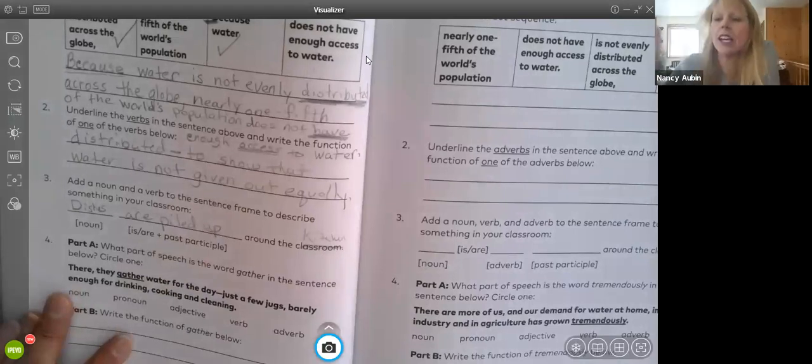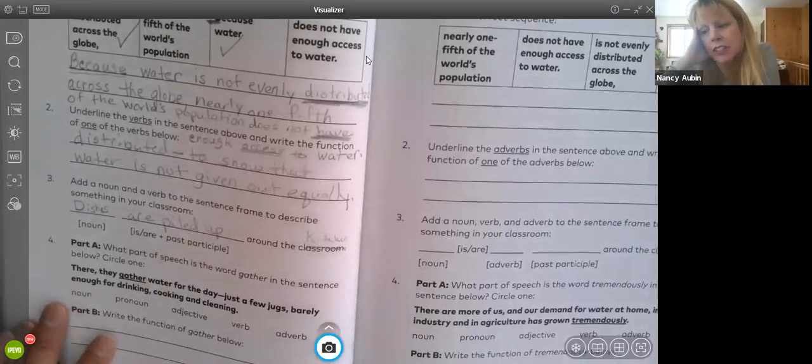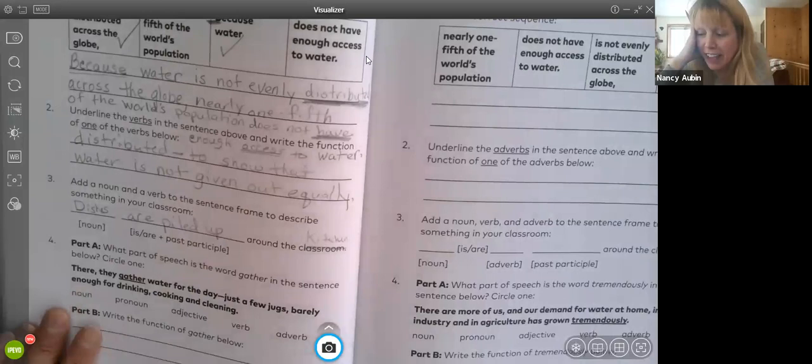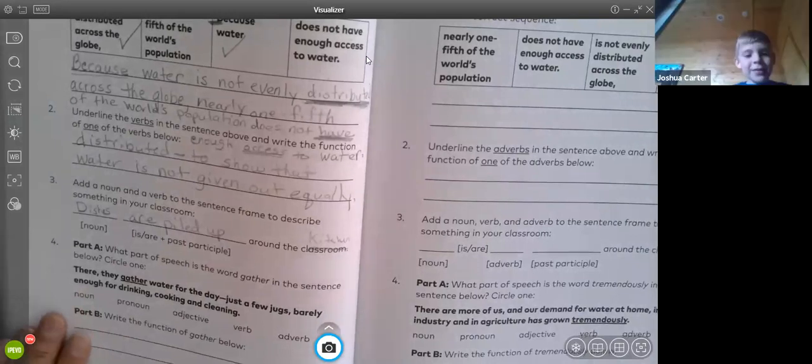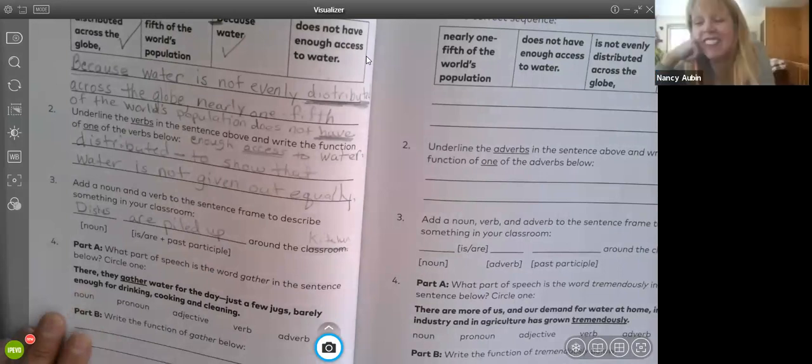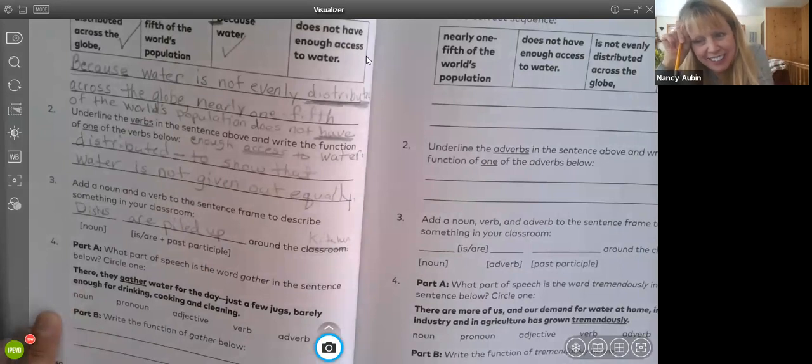You might say, dust is gathering on the furniture around my bedroom. We could say toys are stacked on top of each other. I mean, toys are piled on top of each other. I love that, around your bedroom. Does anyone else have another one to share?